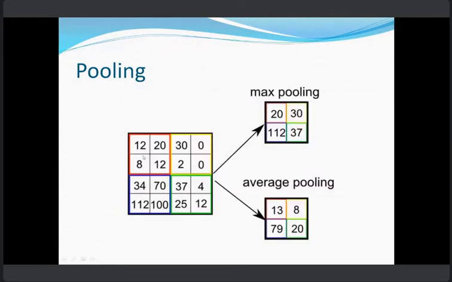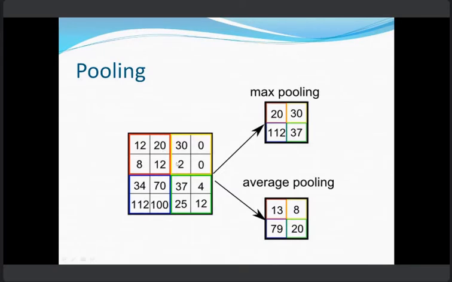If we define pooling with a 2x2 stride, first it will take a 2x2 window. There are 3 types of pooling: max pooling, min pooling, and average pooling. Most of the time we will be using max pooling. In max pooling, among these 4 elements, the maximum value is 20, so that is placed here.